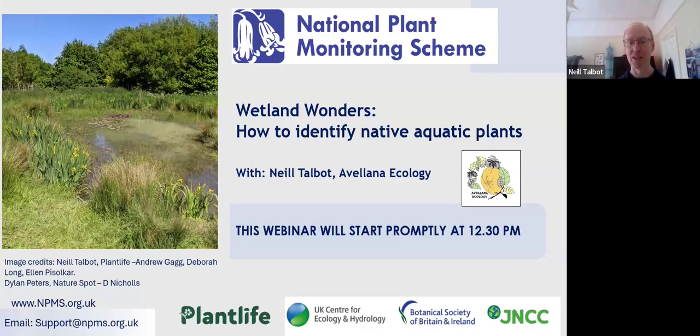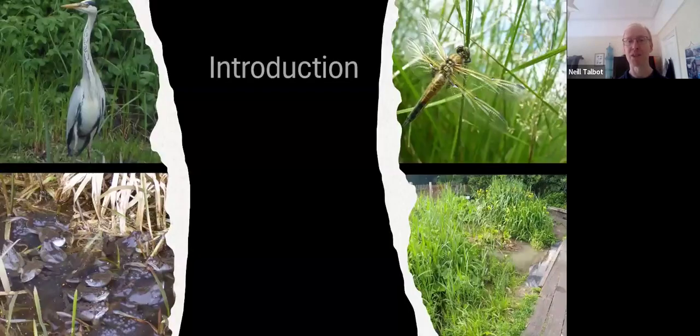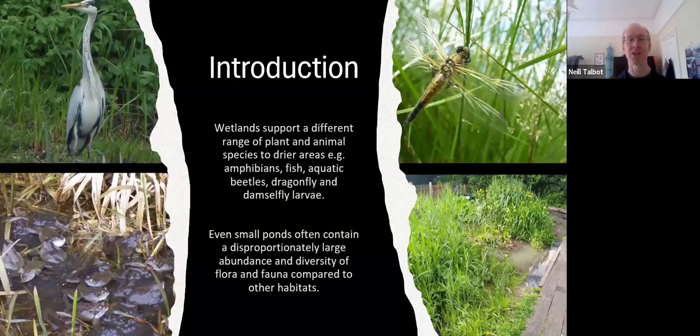So first of all, just a quick introduction on why wetlands are so important. Wetlands support a huge range of plant and animal species in comparison to areas that are drier.